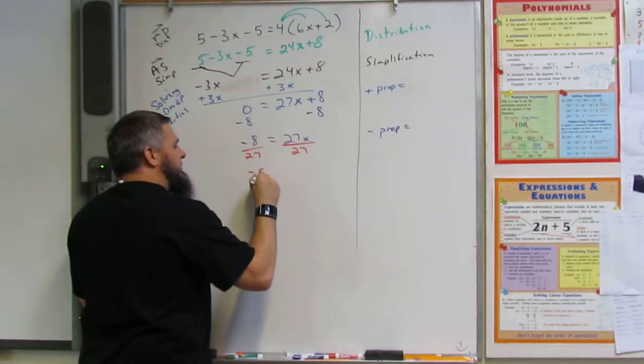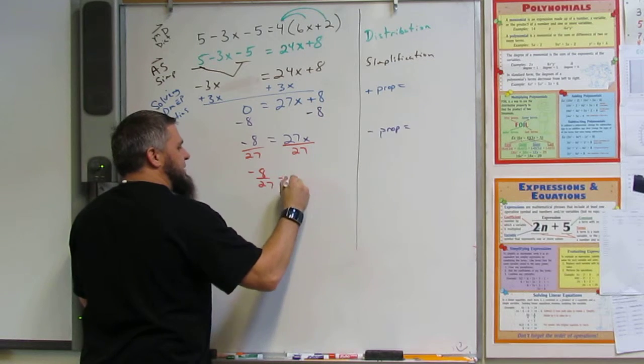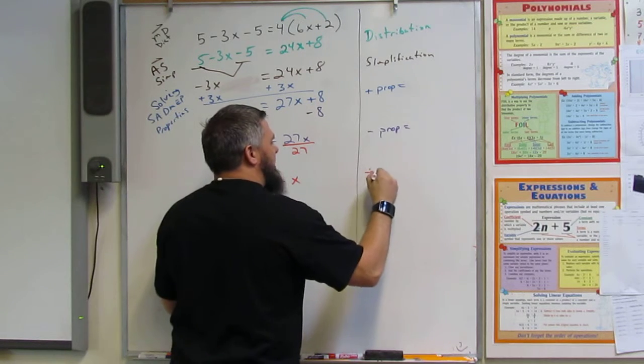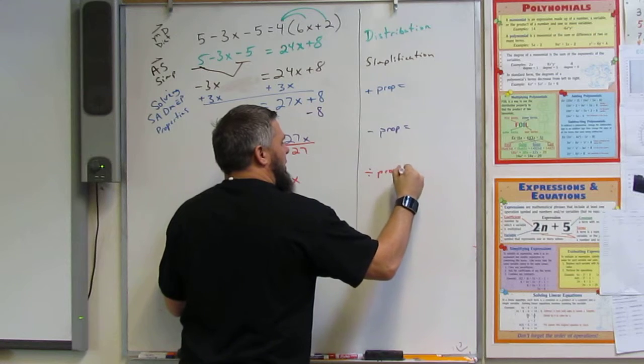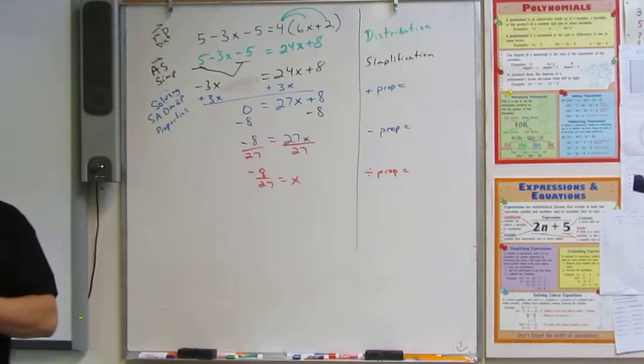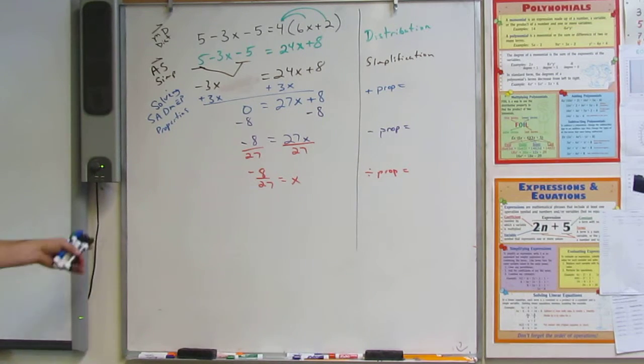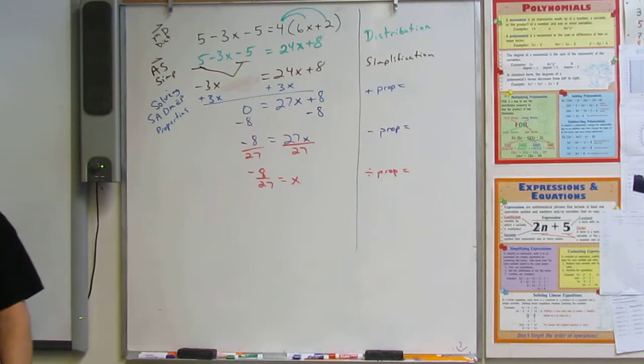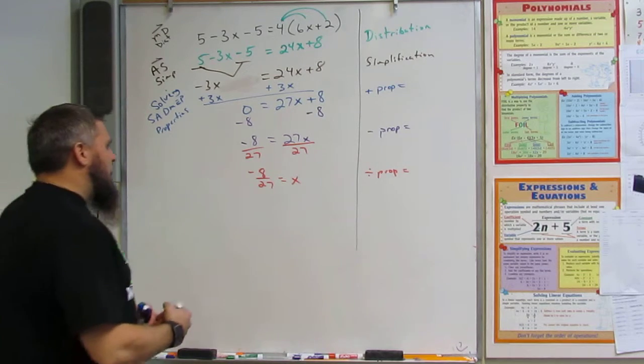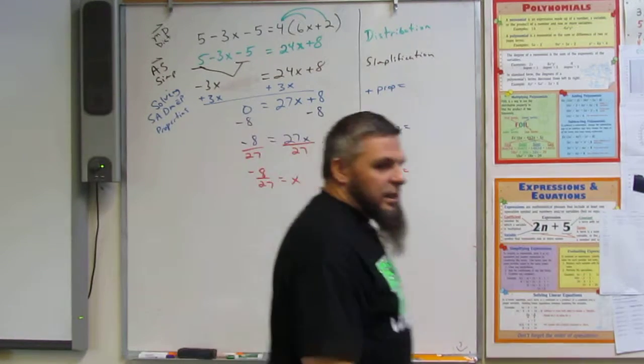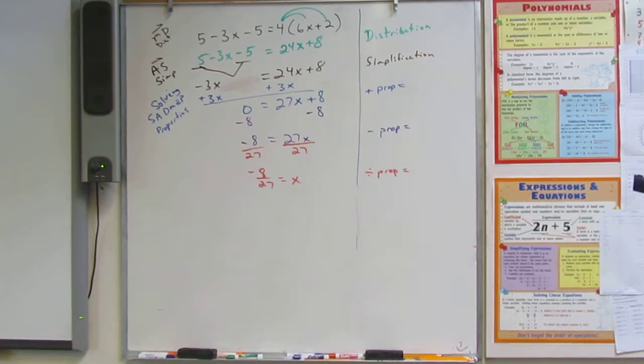So I've got negative 8 over 27 equals x, and I'm good to go. Division property of equality. And if you want to reduce it, you can. This one, you can't reduce anyways. Nothing goes into 8 and 27. So we're good. And that's algebraic proofs. Pretty simple.